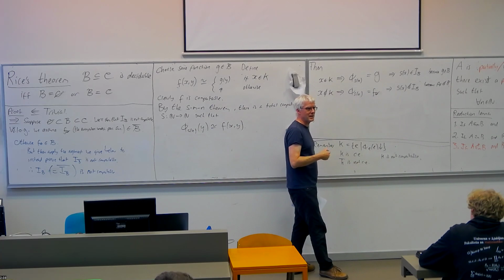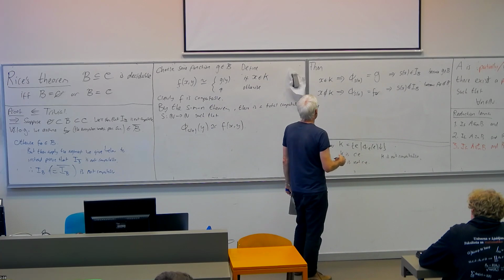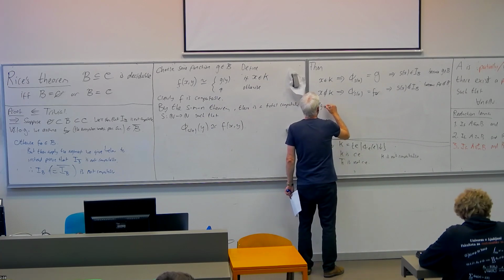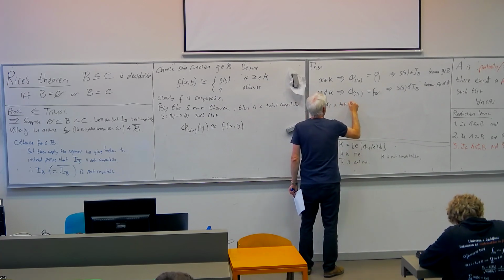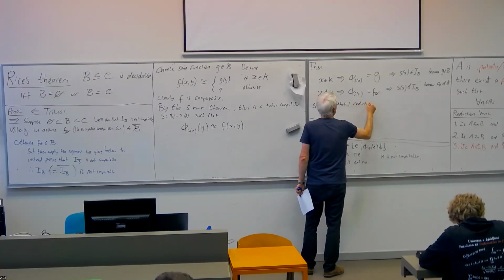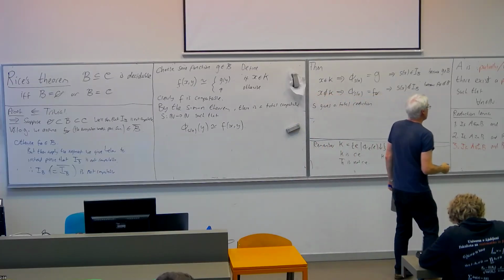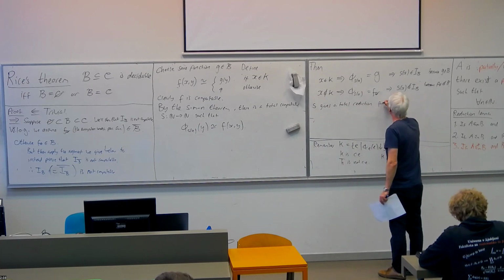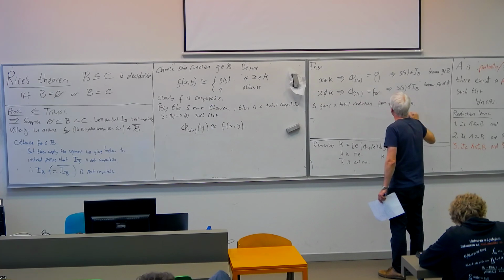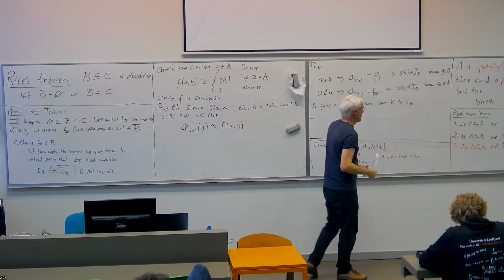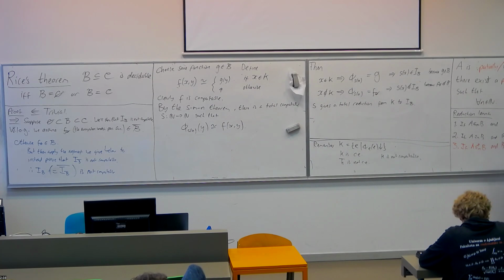We're not reducing B to K, so S gives a total reduction from K to the index set for B. But then if the index set for B were computable, K would be computable, and we know it's not.